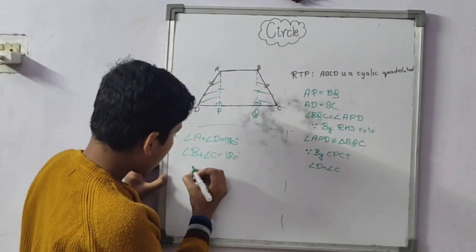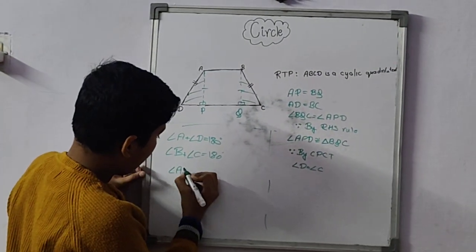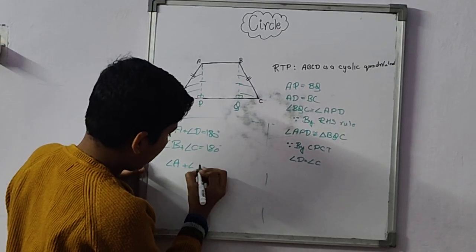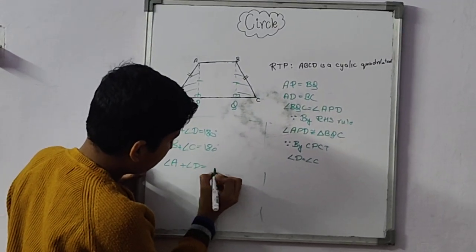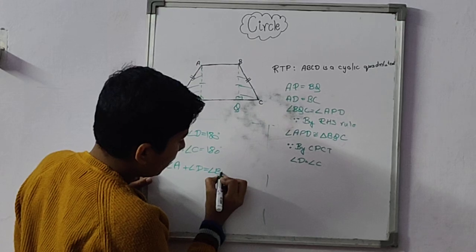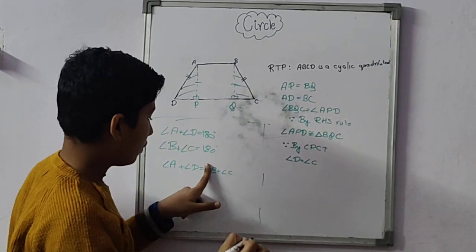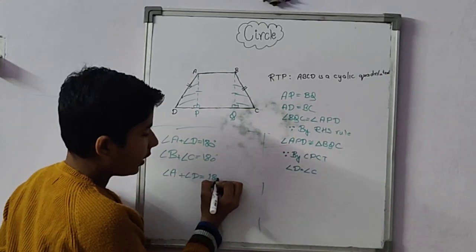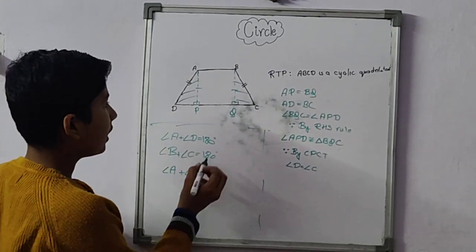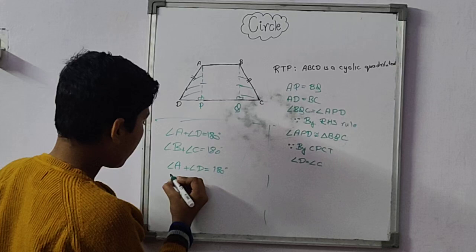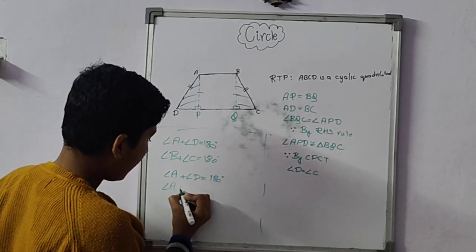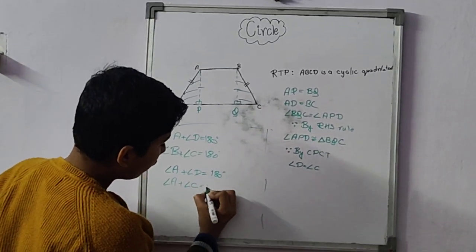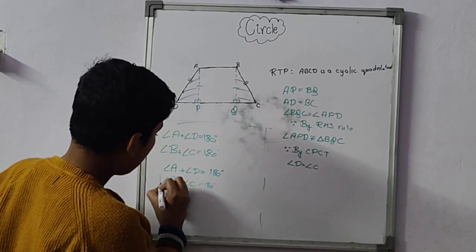So angle A plus angle D equal to angle B plus angle, no, just take this equation 180 degree. What is angle D? Angle D equal to angle C, so we can write angle A plus angle C equal to 180 degree.